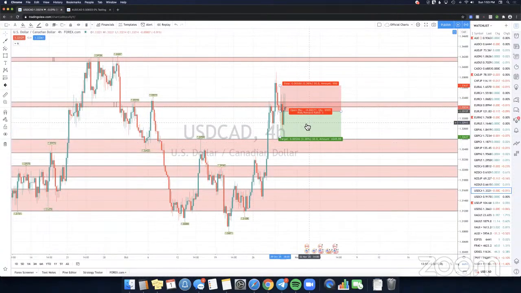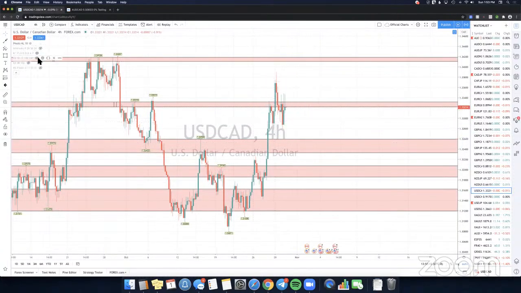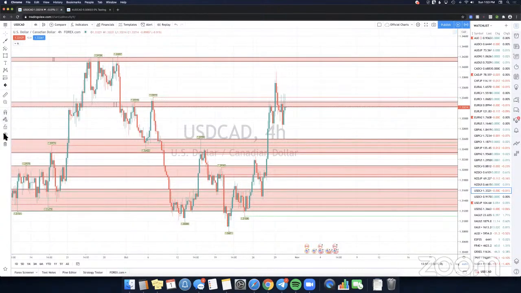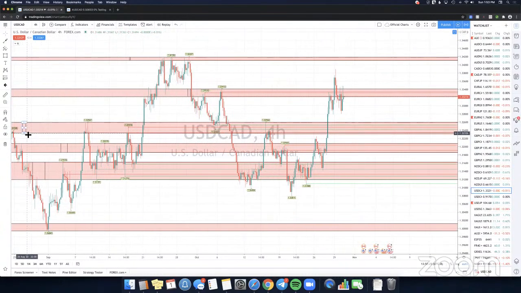Here's USDCAD right here. Check the zones right here for the K2SRs. Let's see, they line up pretty much the same. I can just connect these two right here. And move this down a little bit. And then move this down a little further as well.